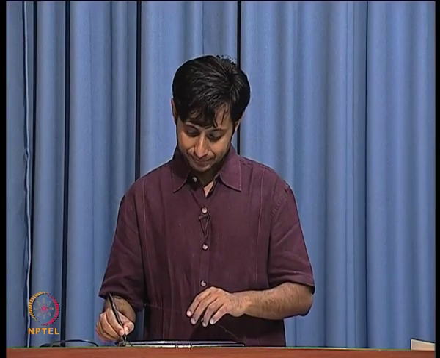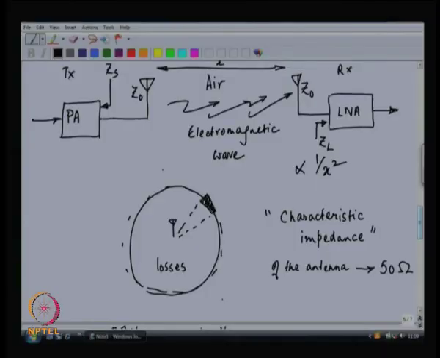And after that we dived right into the subject and we were talking about something called characteristic impedance. So, important to remember is that the characteristic impedance is not the resistance. An antenna is not supposed to burn power, it is not a lossy element, it is supposed to be lossless.